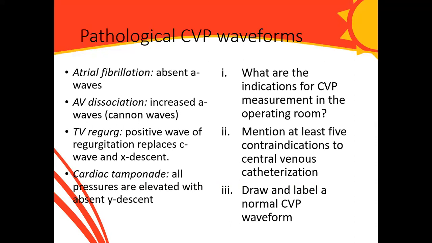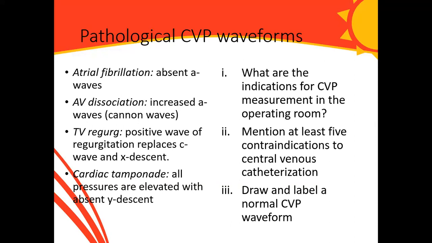What it means is that you have increased A waves in terms of amplitude. All right, tricuspid valve regurgitation. Now, this will give you a positive wave of regurgitation, which replaces the C wave and the X descent.